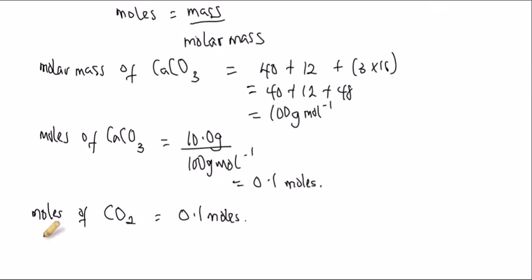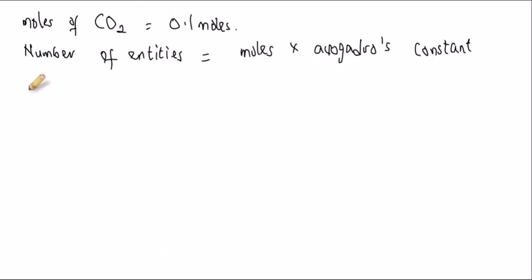To solve the number of molecules, we'll make use of the formula saying number of entities equals moles multiplied by Avogadro's constant. The entities could be atoms, particles, ions, or molecules. In the question here, we are dealing with molecules.